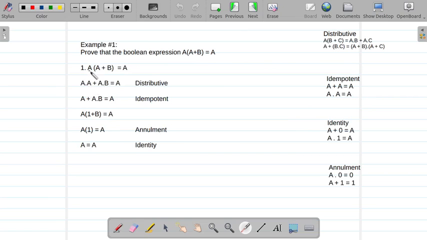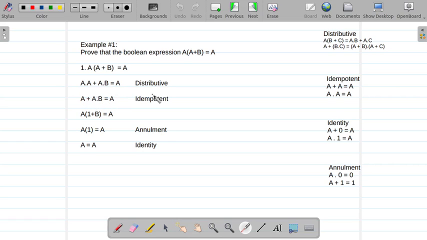So, first, we distribute using the distributive law. Using the distributive law, we get (A and A) or (A and B), which is just equal to A. Next is using the idempotent law. A and A is just equal to A using the idempotent law. So, what we have here is A or (A and B).